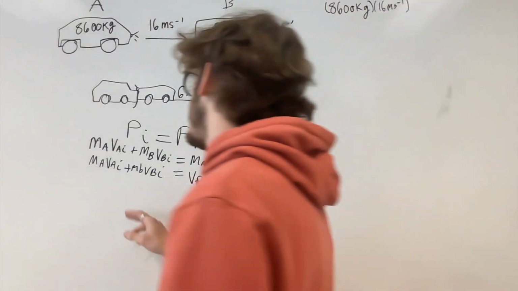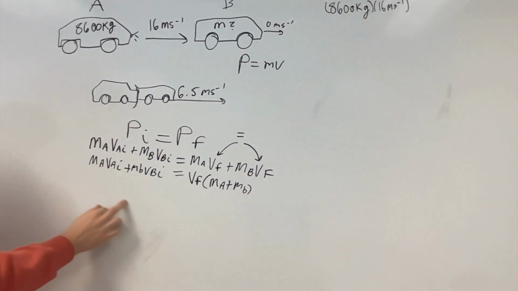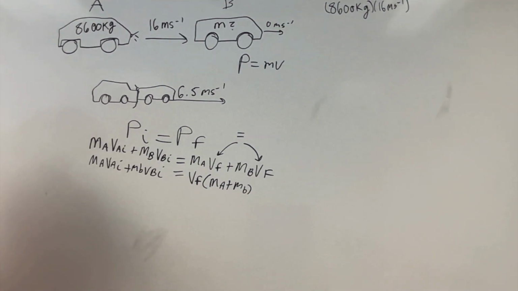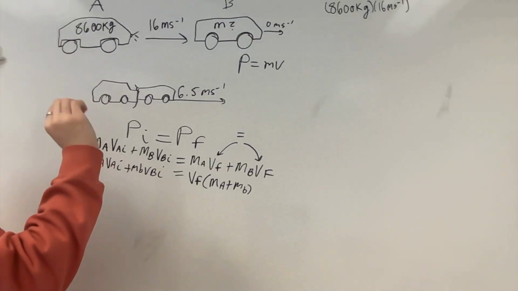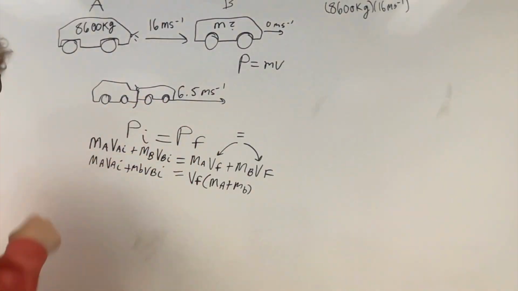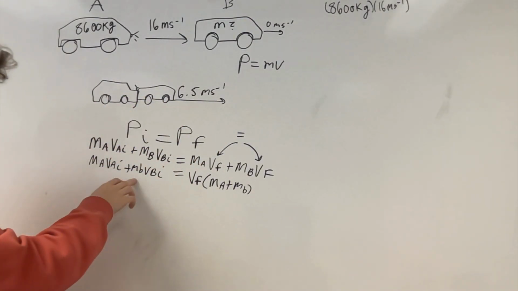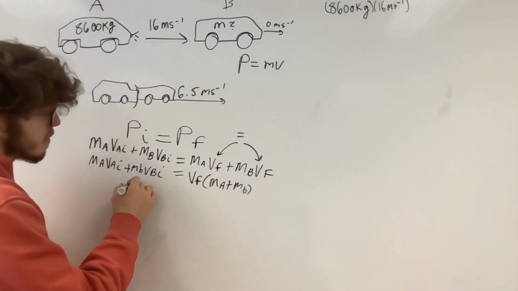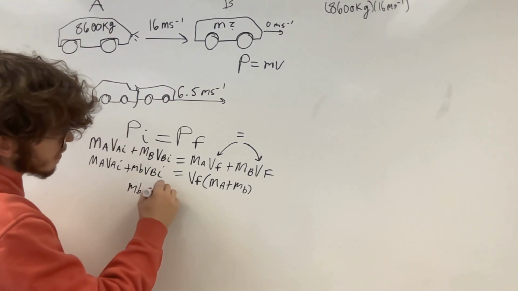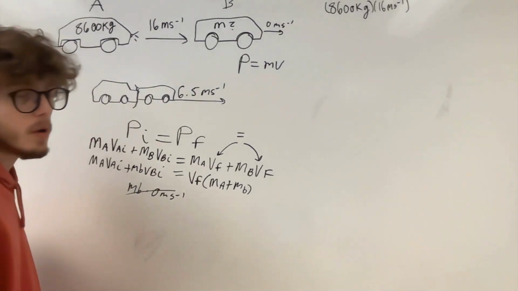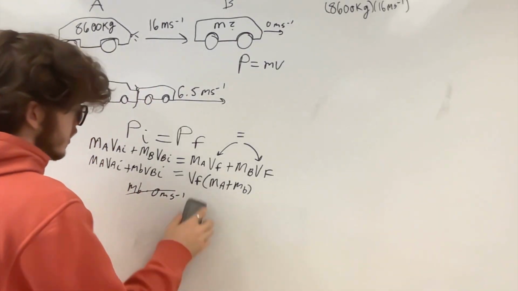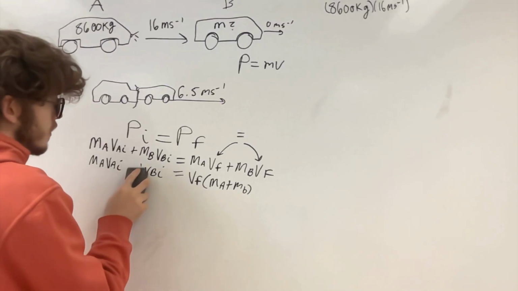So that's this term here. What's this one going to be? Well, the mass is mass B, but the velocity initial is zero. So what happens to this term, right? If it's some mass B times 0 meters a second, well, that just cancels out. It's not part of our equation anymore. So we can just get rid of that.